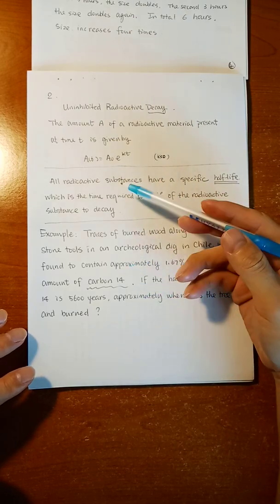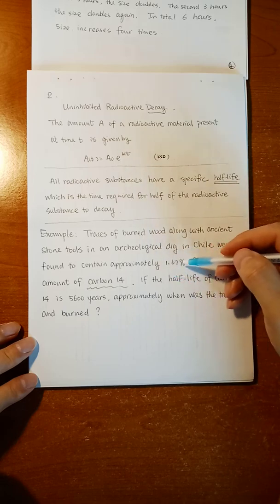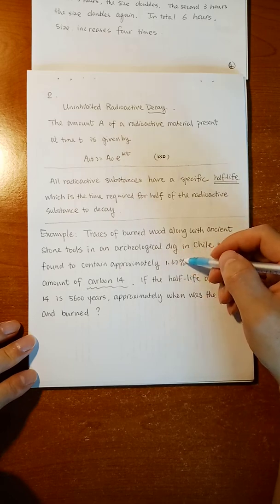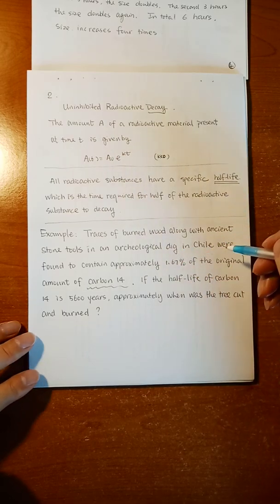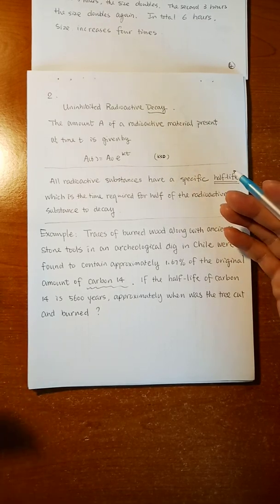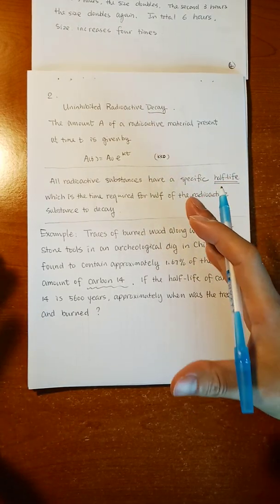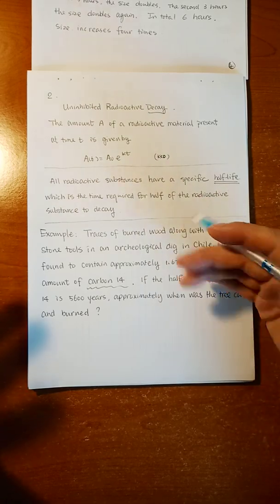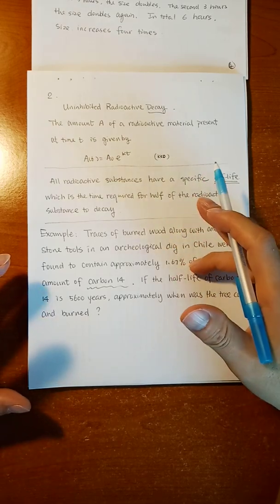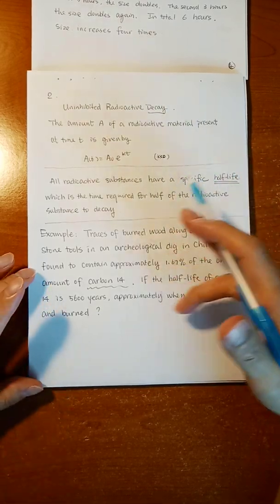And after many years, the carbon 14 in this burned wood is just 1.67% of the original carbon 14. For example, originally for this amount of wood, we know it should contain a certain amount of carbon 14, but after testing, this burned wood only contains 1.67% of the theoretical carbon 14. So that's the story here.